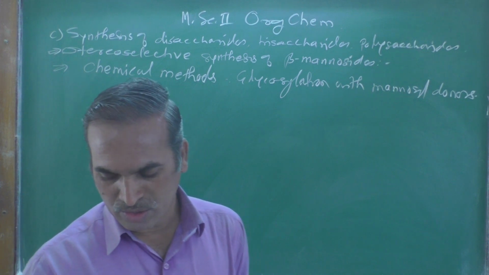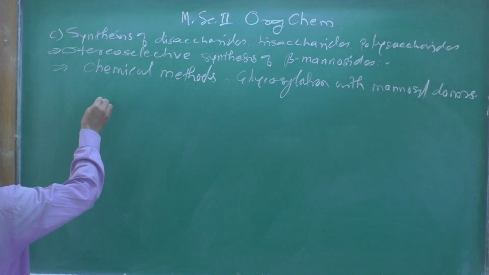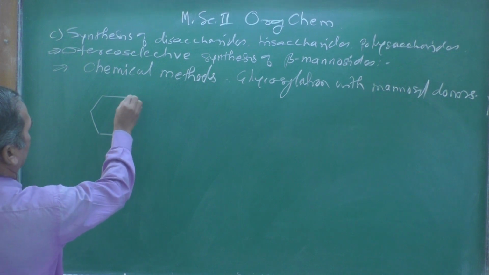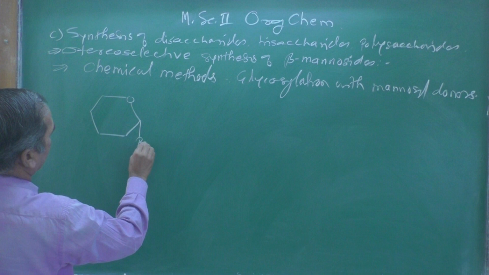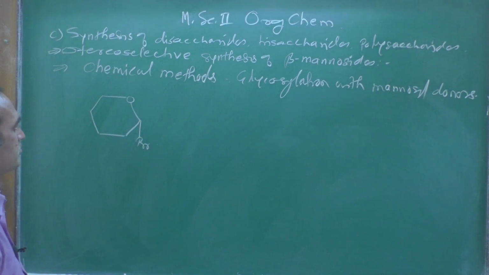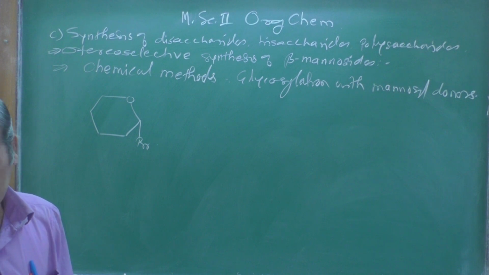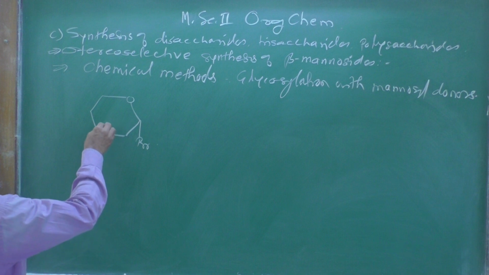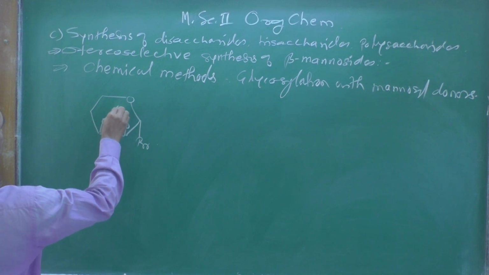Let's see what that is. Let us see here. This is a compound where the bromide is present below the plane in this particular case, and this is a carbonate, O, C double bond O, this one.